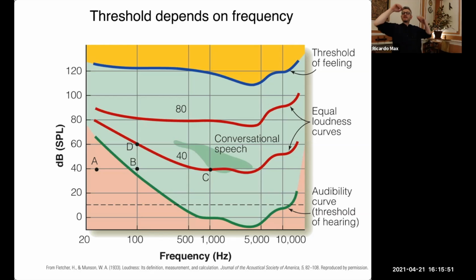Now let's say that you are in a room with a sound around 300 hertz at 60 decibels, and another room that sounds with sounds around 6,000 hertz with 60 decibels. Which one will feel louder?